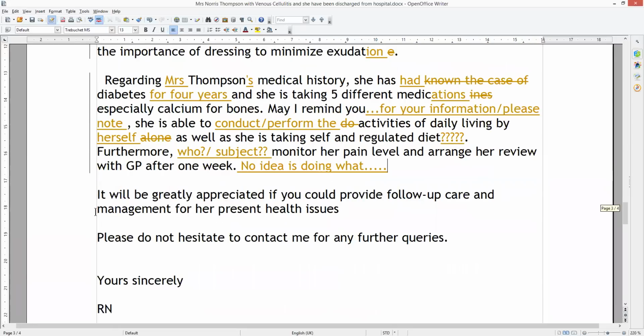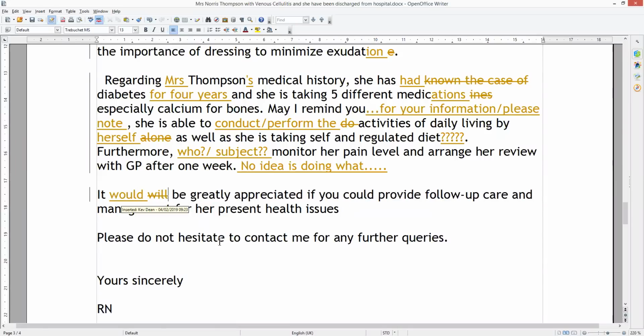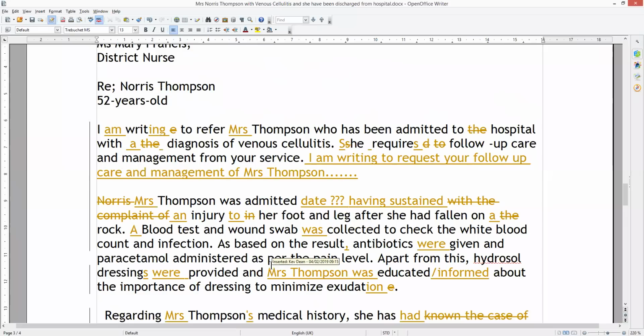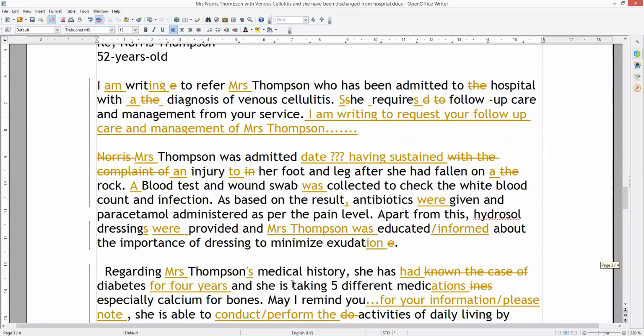So it would be, well, it would be, because you might not do it. It would be greatly appreciated, because it's a conditional sentence. It would be greatly appreciated if you could provide help with health issues. That's a good sentence, okay, for queries. So quite a lot of things that this letter requires.